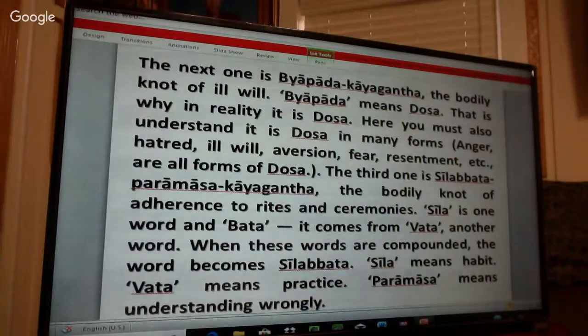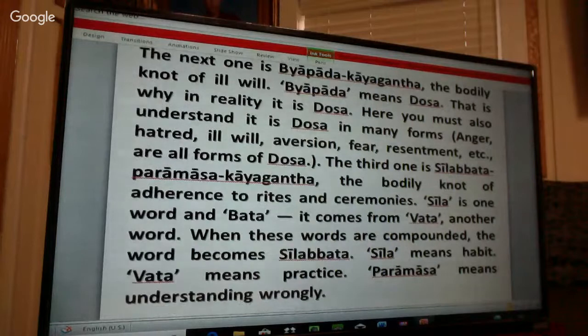According to Pali grammar, Bata changes from Vata. That is why Silabbata, from the original word, is Silavata.